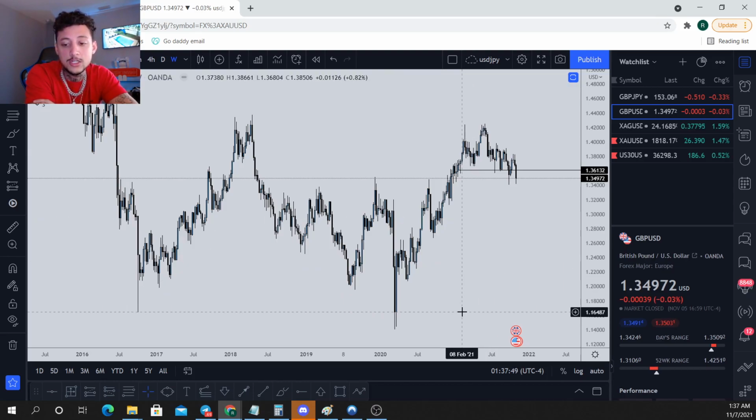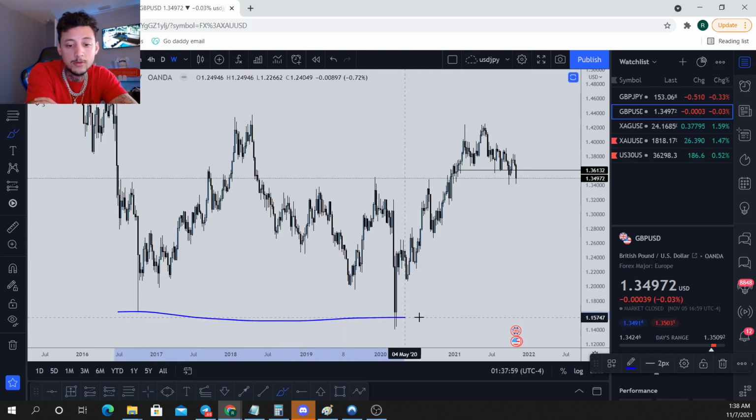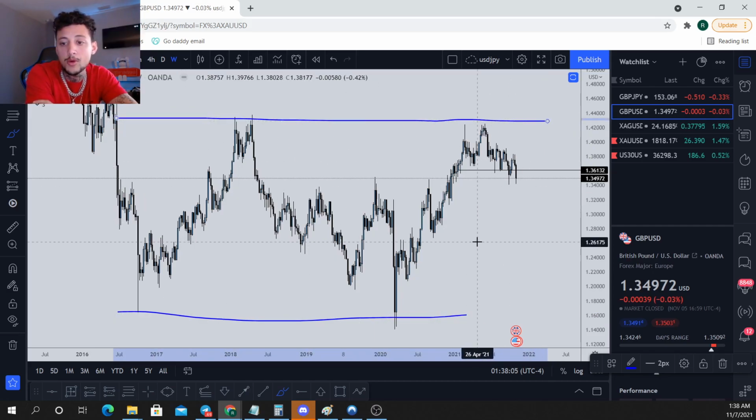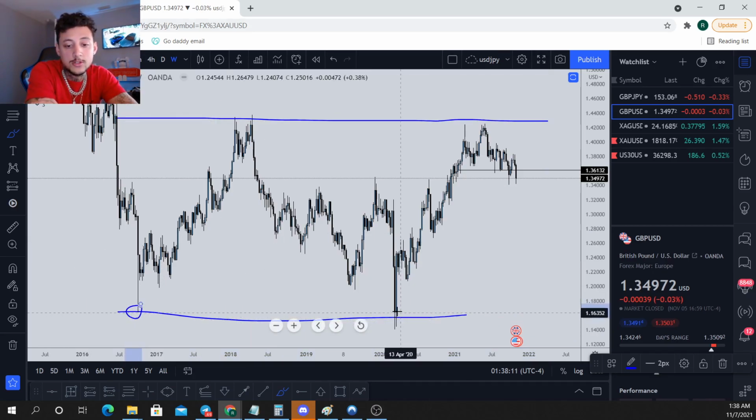So let's just say GU right now is bouncing around between 1.6 thousand, which is support, which we haven't gone over yet, but you'll learn that later on, and resistance is going to be 1.44 thousand. So we know that our all-time lows are here, and our all-time highs are here.